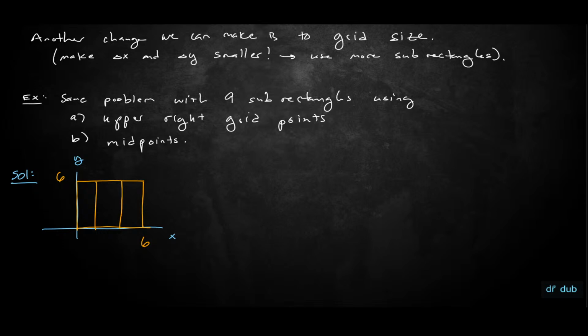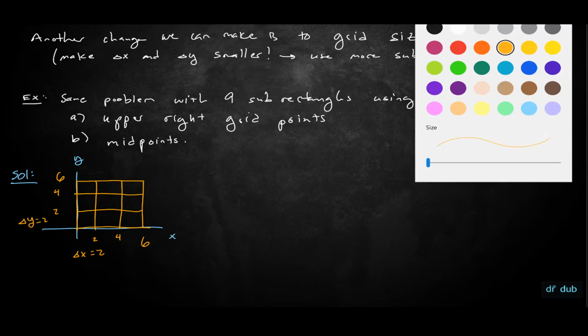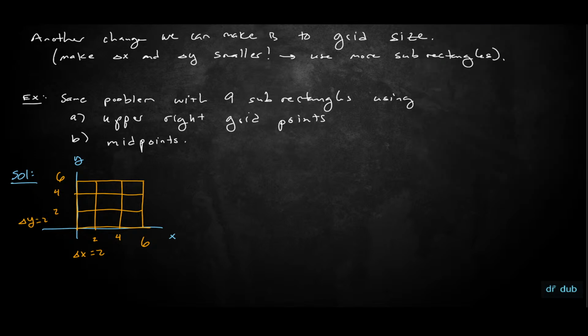Cut into thirds in the X direction, cut it into thirds in the Y direction. And that means these 2 points here are 2 and 4. And same thing here, 2 and 4. So we can see here delta X is 2, delta Y is also 2. And now we have 9 rectangles. And first of all, upper right grid points on each rectangle.